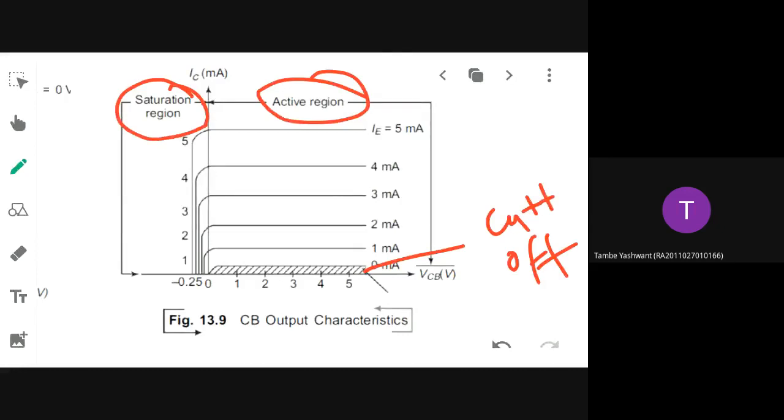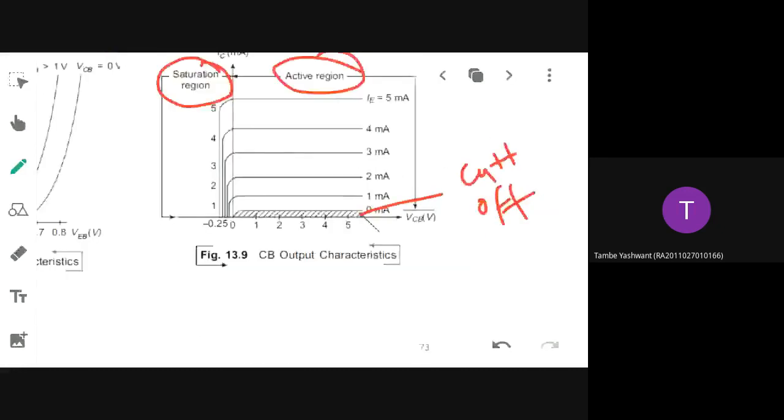This is your cutoff, that is the shaded portion where EB and CB junctions are both reverse biased.